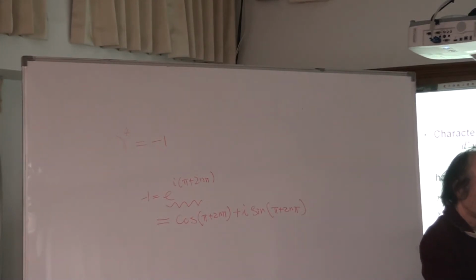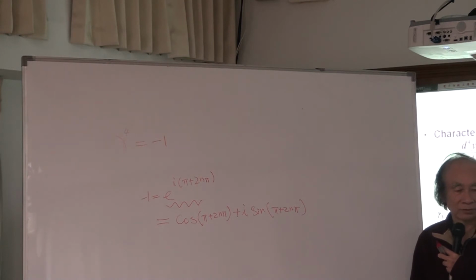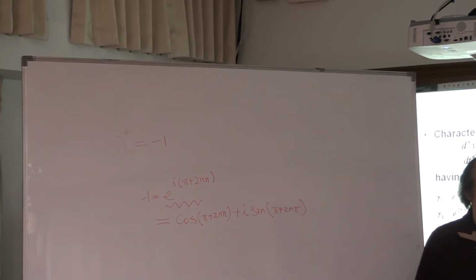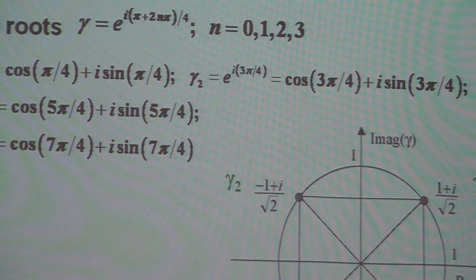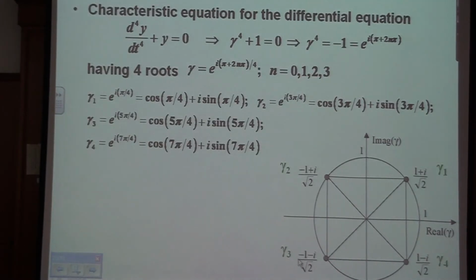And so that is the solution for gamma 1, gamma 2, gamma 3, and gamma 4. Gamma 1 is equal to (1 plus i) over square root of 2, and gamma 2 is (-1 plus i) over square root of 2. Then if I ask you whether this system is stable or not, can you tell me?